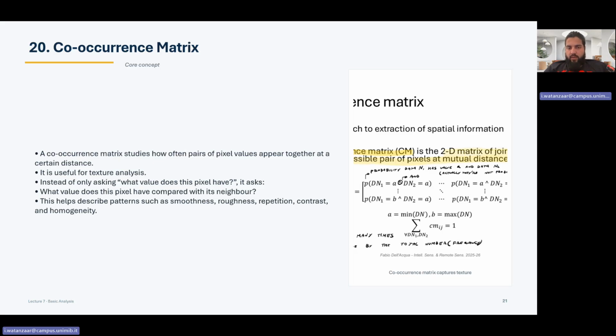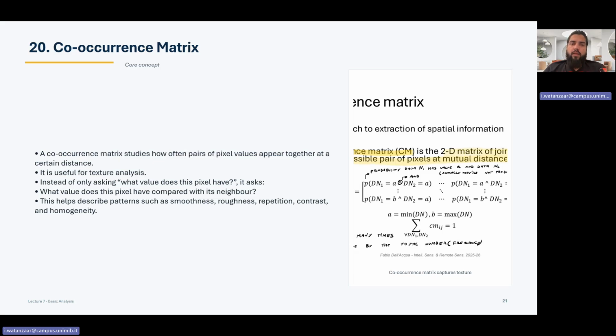Instead of only asking what value the pixel has, like a single value, it asks what value the pixel has compared with its neighbors. This helps describe patterns such as smoothness, roughness, repetition, contrast, and homogeneity.